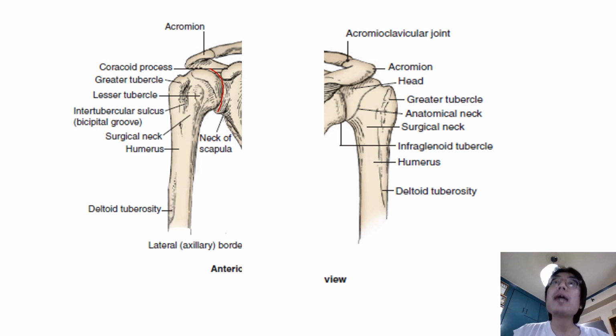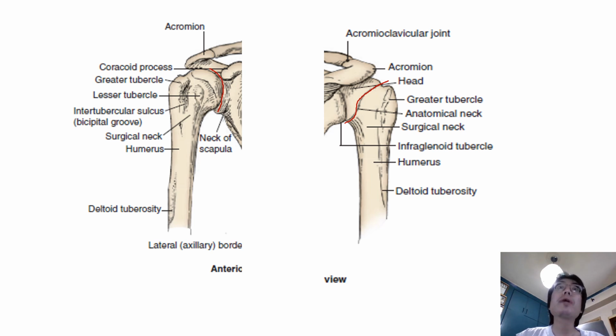The anatomic neck, which is better seen here in a posterior view, which we shall mark over here, is an indentation distal to the head, and it provides an attachment for the fibrous joint capsule.